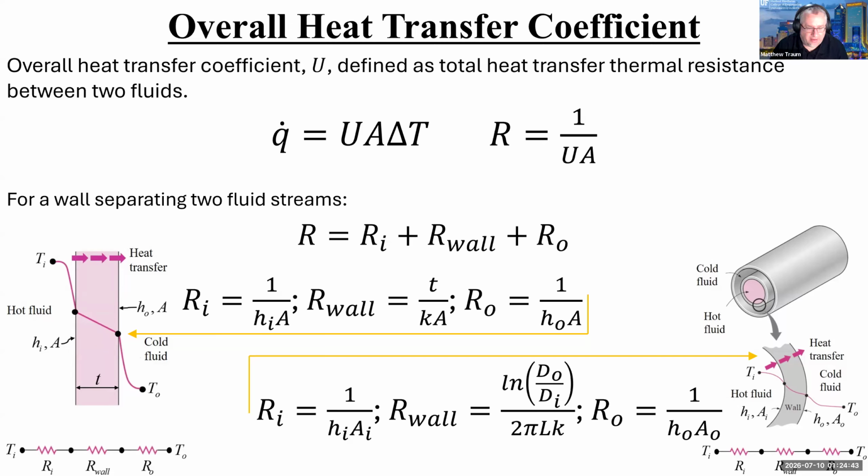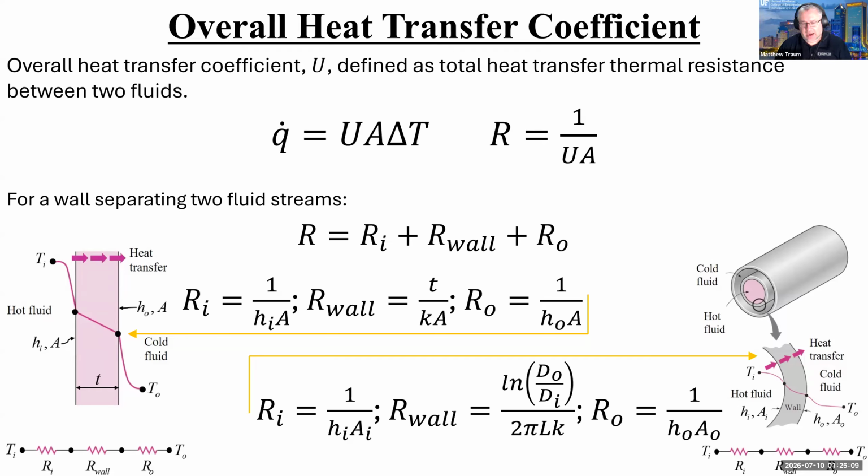So here we have the inner resistance, right? So the heat transfer resistance between the fluid itself and the inner wall is 1 over H_I A_I. So these are heat transfer coefficient internal and area internal to the wall. Our wall is a cylinder, so we're just going to use our cylindrical resistance equation.